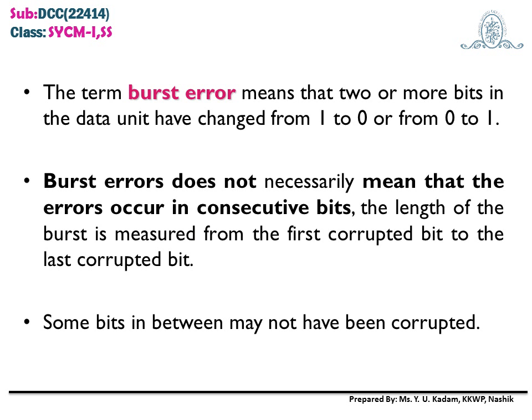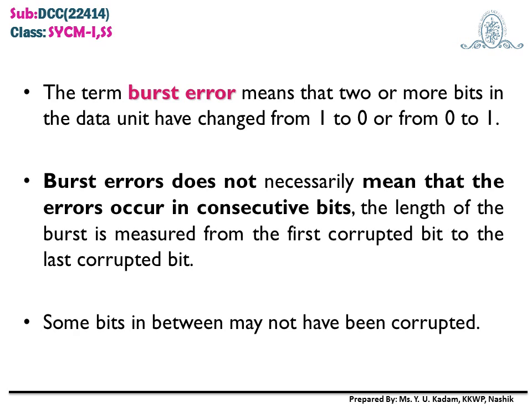The term burst error means that 2 or more bits in the data unit have changed from 1 to 0 or from 0 to 1. Burst error does not necessarily mean that the errors occur in consecutive bits. The length of the burst error is measured from the first corrupted bit to the last corrupted bit.